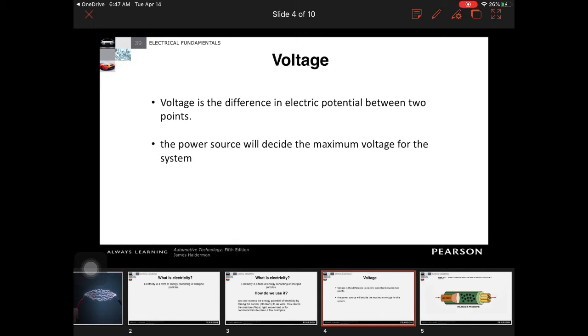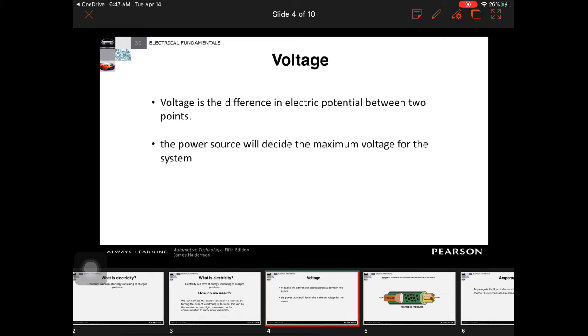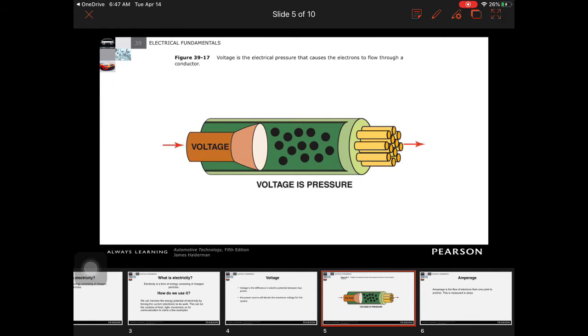So, we're just going to review the 3 topics we talked about last week. Voltage is the difference in electrical potential between 2 points. The power source is going to decide what the maximum voltage for the system actually is. And what is our power source on a vehicle? If you guessed battery, you're right. Okay? So voltage is the electrical pressure that's going to cause electrons to flow through a conductor.